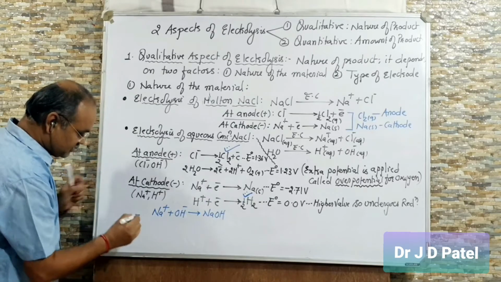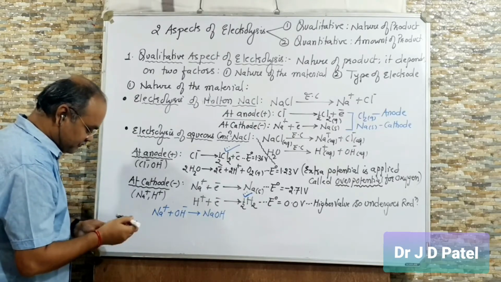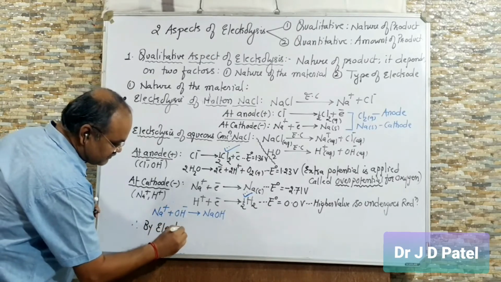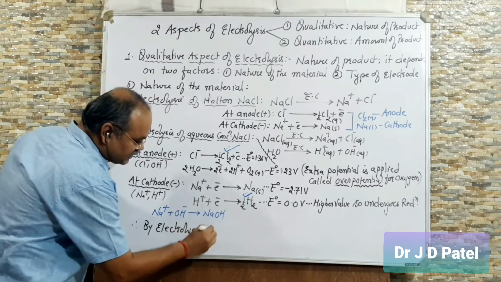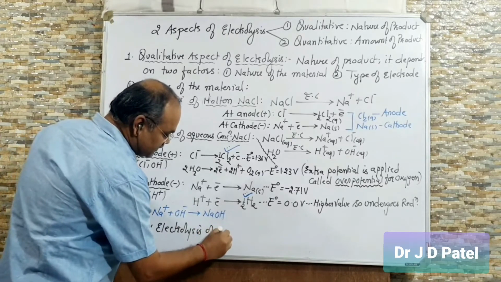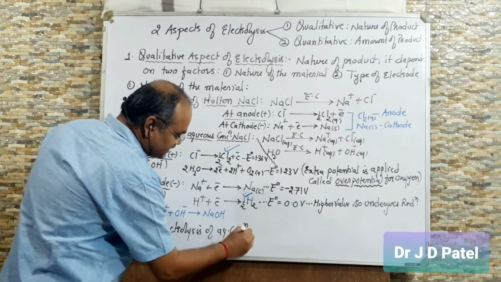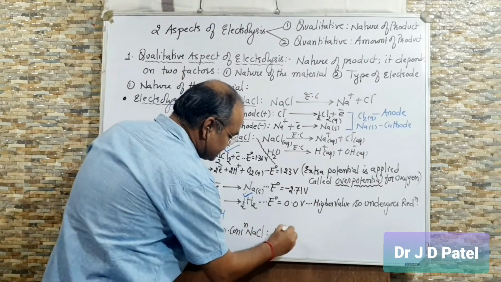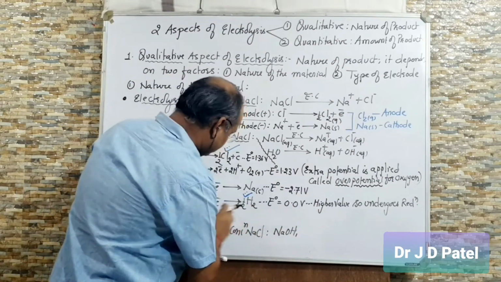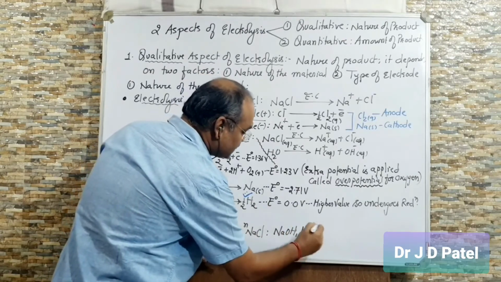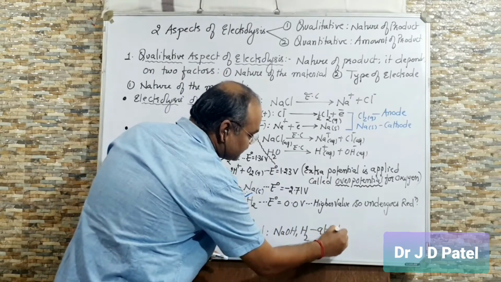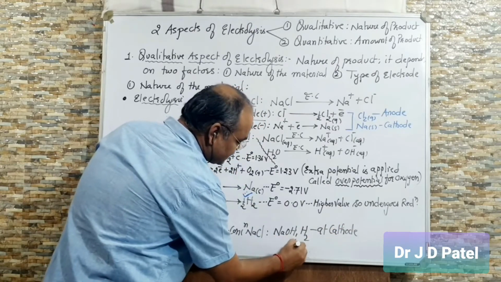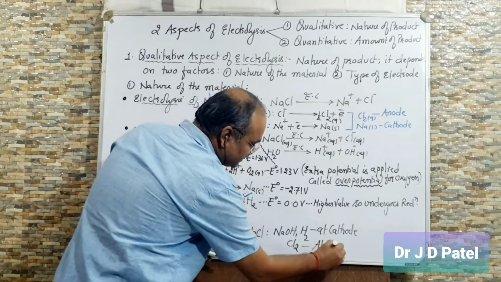Therefore, three products are obtained by electrolysis of aqueous concentrated NaCl: NaOH, then H2 at cathode, and Cl2 at anode.